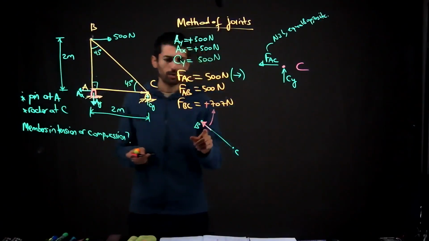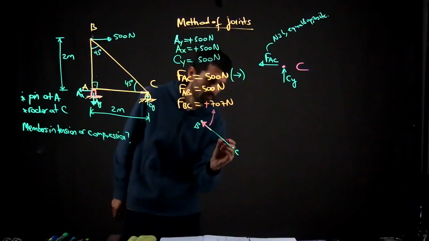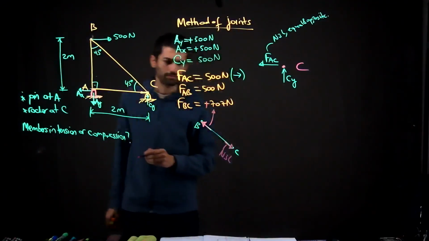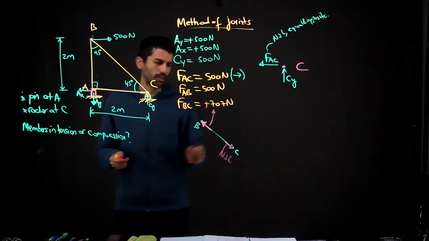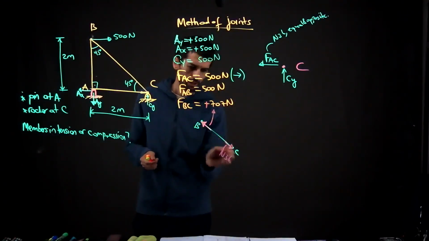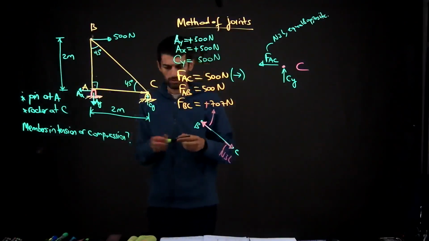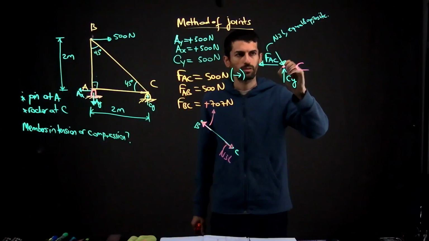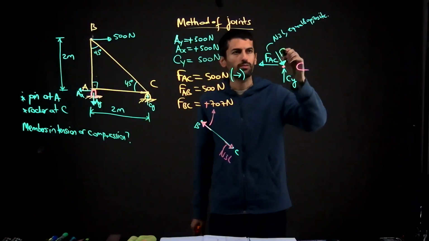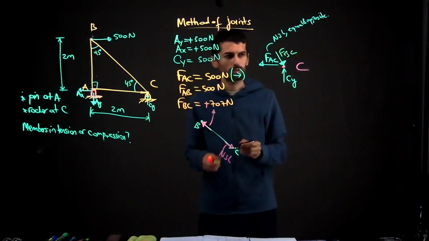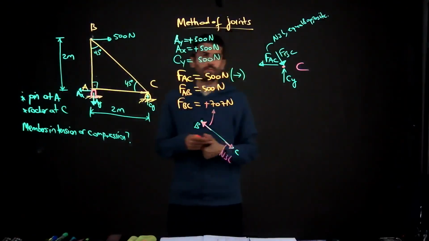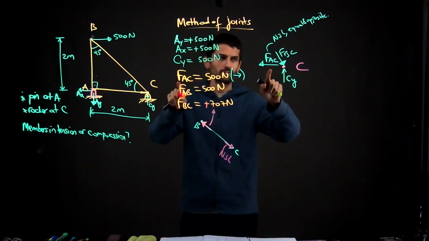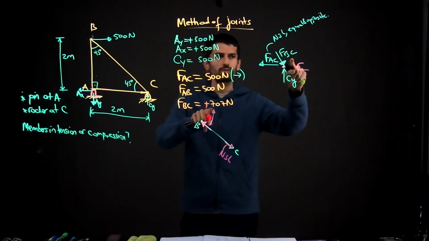Since it is positive this way, again by Newton's third law, there should be a force equal and opposite. So that force will be this one, that will be the F_BC. And we know F_AC, which is 500 newtons, and F_BC is 707 newtons.